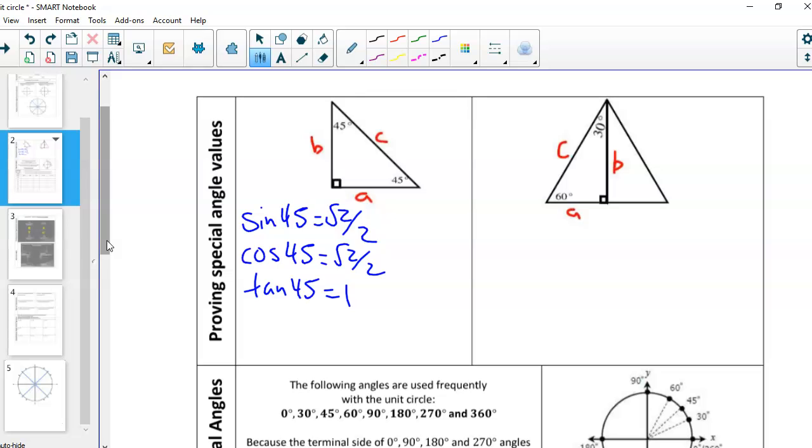The sides are equal and the angles are also equal. So before this happened, this was 60, this was 60, and each side was equal. So when we cut this in half, that made this 30 degrees. So could I say that C is equal to 2 times A? Yes.